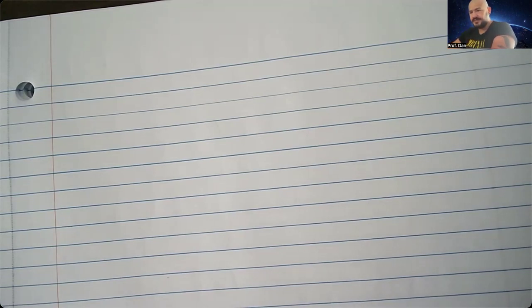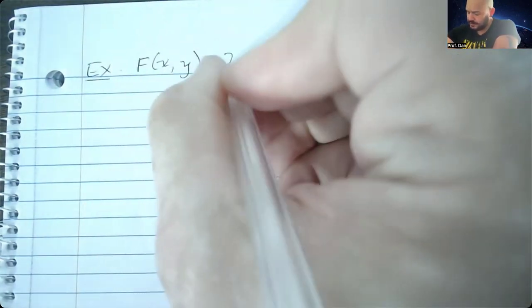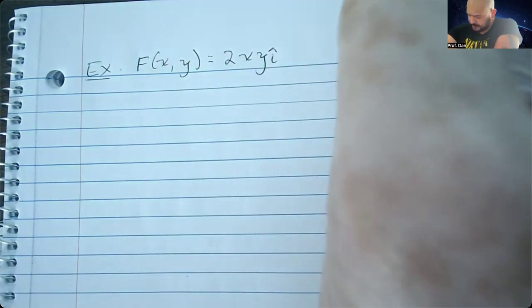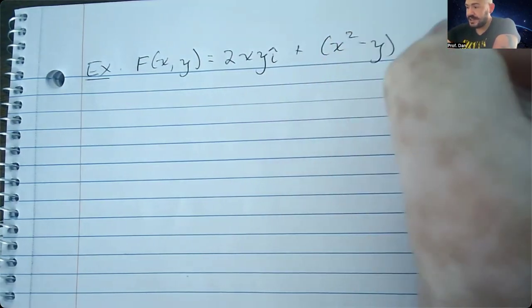That's just integrals. So, for example, let's say that we have our vector field F of xy is equal to 2xy i plus x squared minus y j.